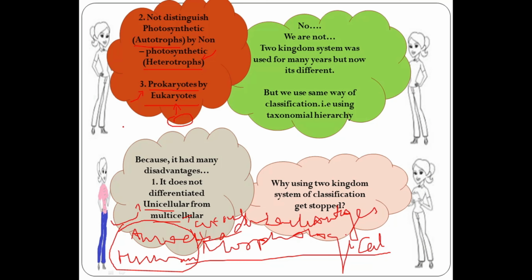So he placed the amoeba as well as the bacteria under the same group. He did not at all differentiate the one with a nuclear membrane from the one without a nuclear membrane, and simply kept them under the same group. And he did not consider the composition of the cell wall, etc. So these were all the disadvantages.